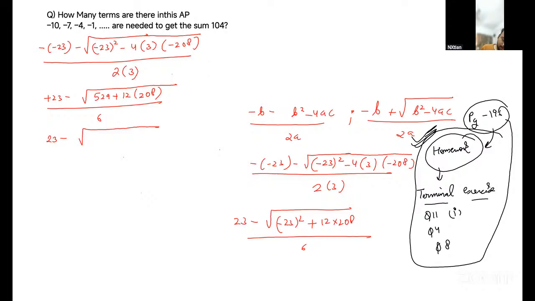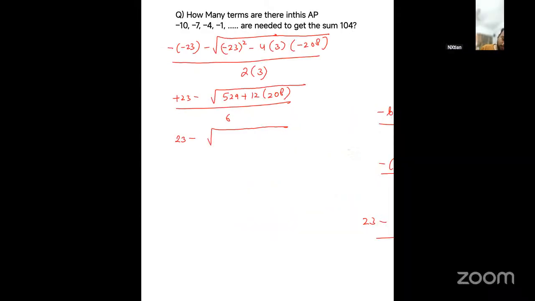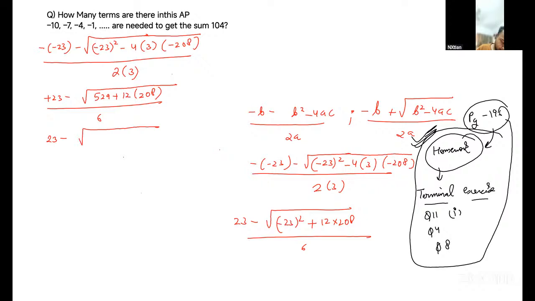Till here, any problem? No, sir. Twelve into 208 is 2496. So 529 plus 2496, divided by 6.